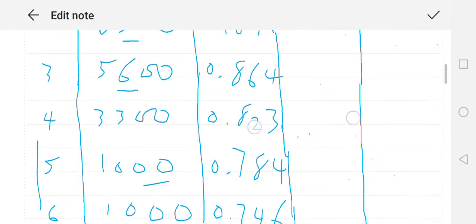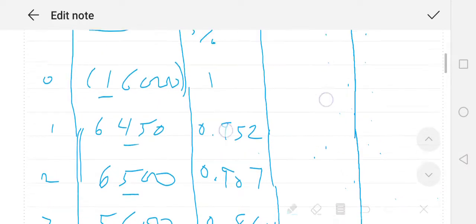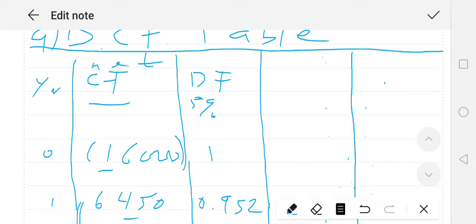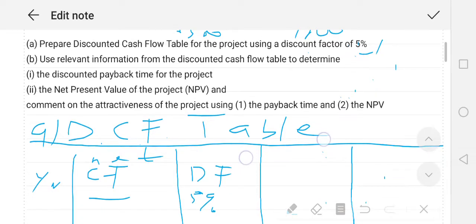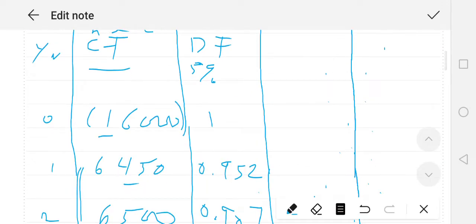So we move on to the next column, which is the discount factor. They gave us the discount rate, which is 5% here. That 5% is used to discount all these cash inflows and outflows to their present.